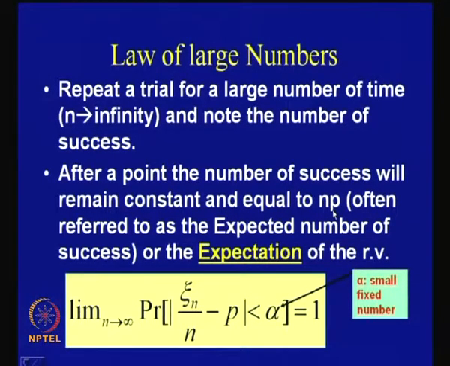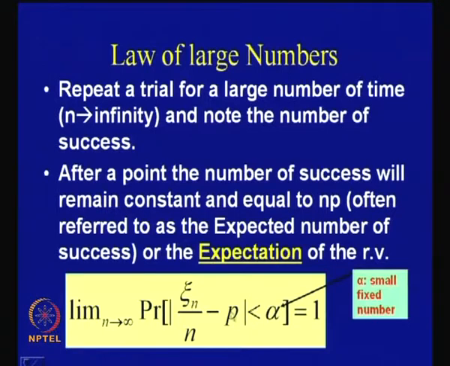This is often referred to as the expectation of the random variable. As stated here, the limit as n tends to infinity of the probability that |εn/n minus p| is less than a very small but fixed number is equal to 1.